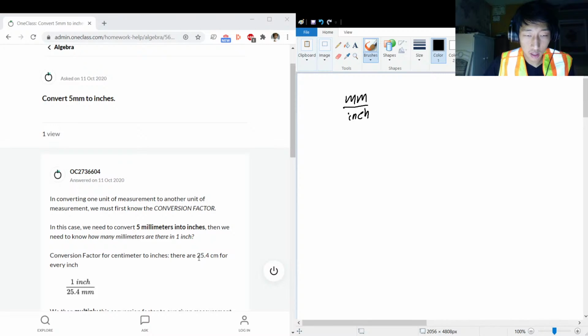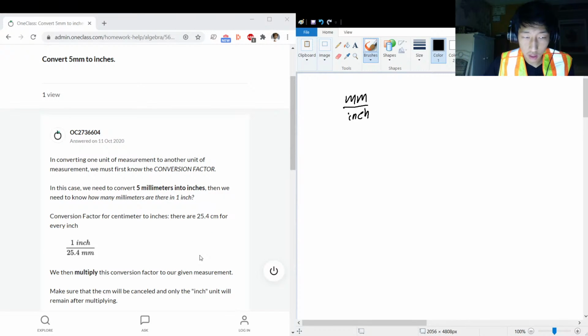Yeah, 25.4 millimeters per inch. That is the conversion. Okay, now we can easily say 1 inch is equal to 25.4 millimeters.